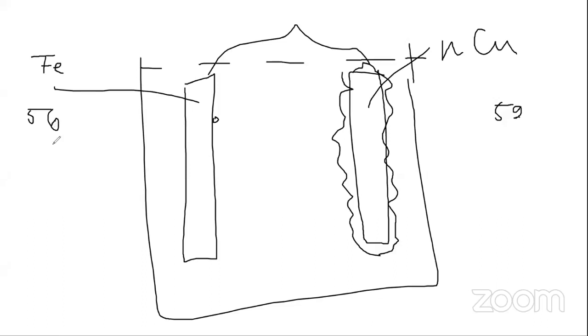It's a small difference only. And iron would start to go into the solution, would get combined with the oxygen from the water, and would make a lot of nice iron oxide, which is commonly known as rust.